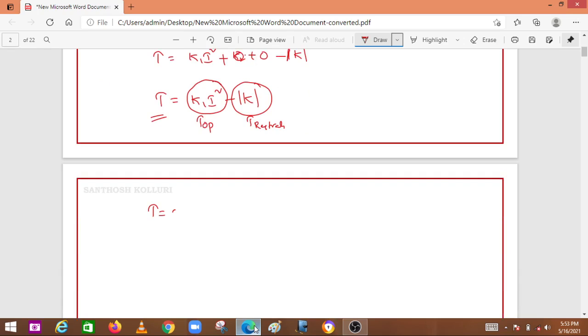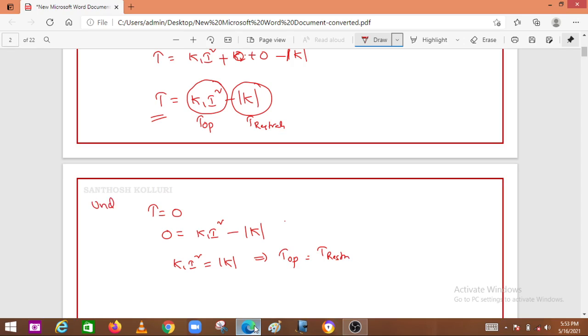That means the operating torque produced by the overcurrent and the restraining torque obtained by the restraining force will be equal. Therefore K1 I² = K. What does this mean? Operating torque is equal to the restraining torque. This is under threshold condition.